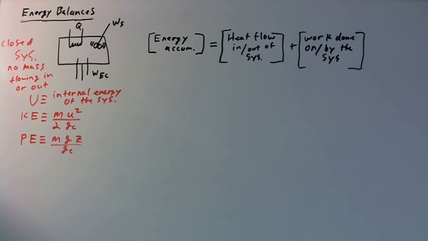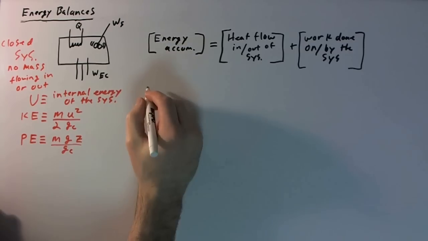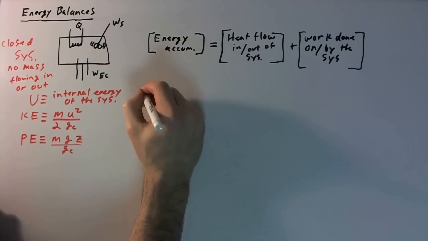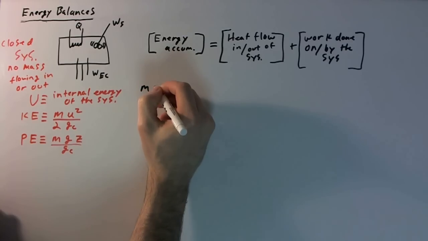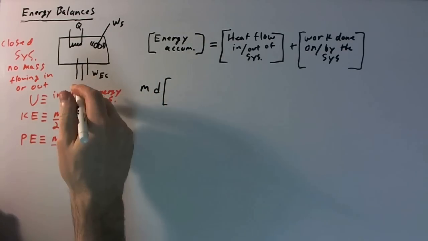Okay? So the energy accumulation on the left-hand side of this equation is going to be equal to, what I'm going to do here is pull out a mass. So we have m times the change of the internal, the kinetic, and the potential.